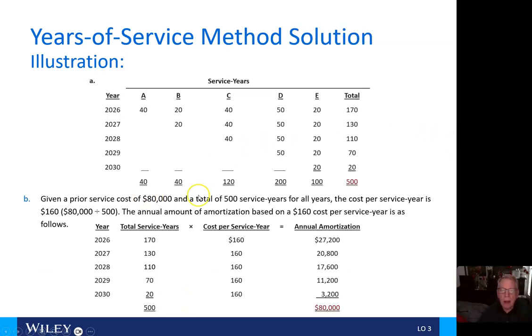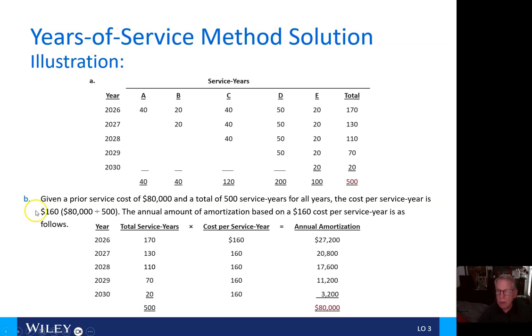Well, if we multiply this all through here, we're going to take a look at Alpha, Bravo, Charlie, Delta, and Echo for a total of 170, and then it decreases by the 40 retirees in Alpha, and so on, all the way down. And that totals 500 service years. So, in Bravo, given a prior service cost of $80,000 and a total of 500 service years for all years, the cost per service year is $160.